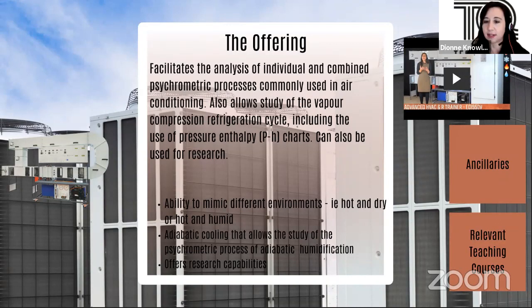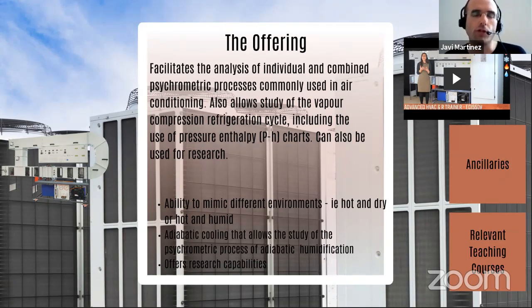And that offers great capabilities. Let's say, for example, that we've got a hot and dry air, air that is already conditioned in the lab. You will expect temperatures normally between 20 to 22 degrees and relative humidities between 50 and 70%.